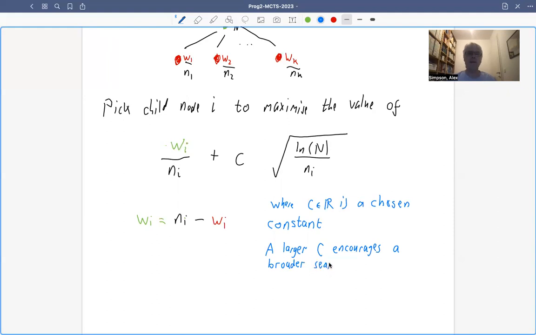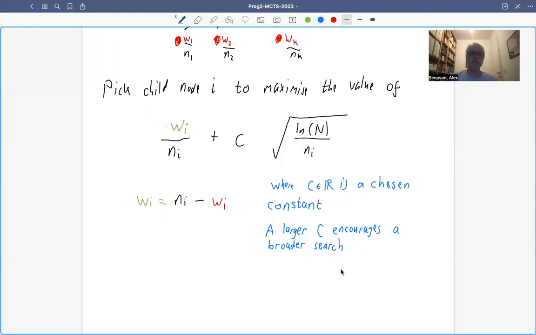I'm sorry, it's so painful with the writing here, but anyway, I have to live with it. Smaller C, I'll write as little as possible. Oh dear, it's really, really bad.